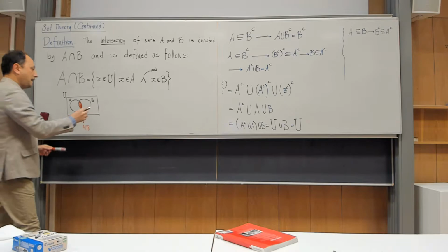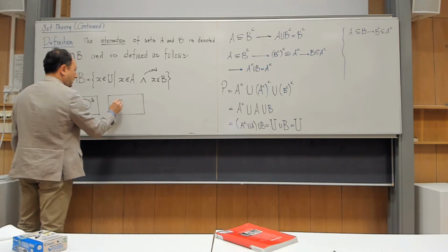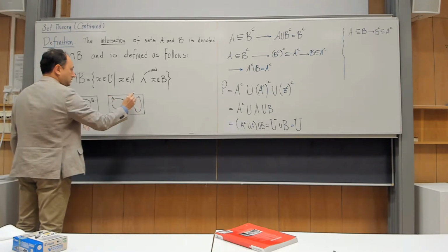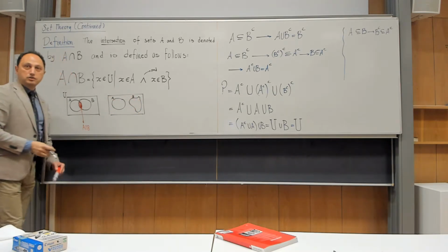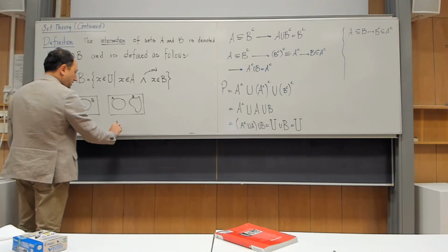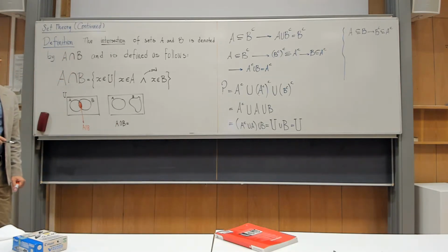What happens if I have this situation, A here and B here? Where is the intersection? What should I write? If I ask you what A intersection B is, it equals the empty set.